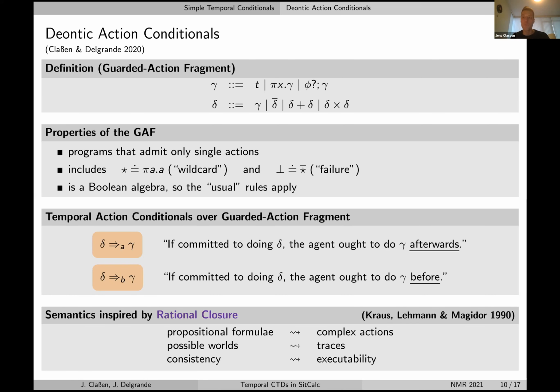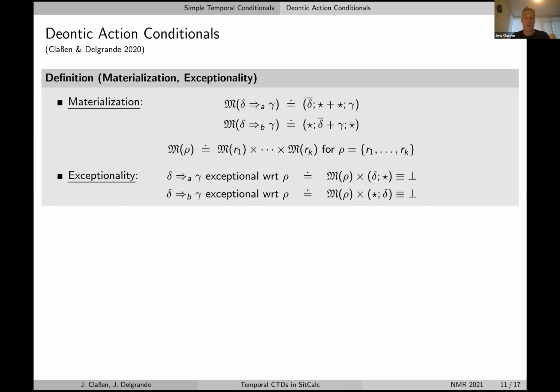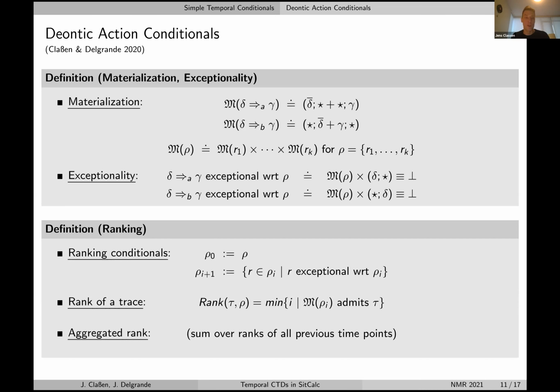So KLM style conditionals, with the difference, of course, that we're not talking about propositional formulae, but we talk about programs, complex actions. And so instead of possible worlds, we would look at traces, and instead of consistency, we would look at the joint executability of programs. And so we have similarly defined notions of materialization and exceptionality.